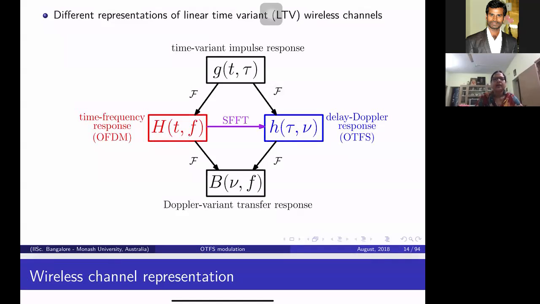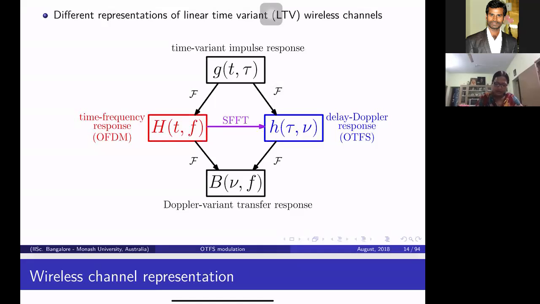So we are moving around in this nature. After passing through the H of t comma v transformation, it comes to a Doppler variant transformation, so the time-variant response also comes to time-frequency and delay-Doppler response.